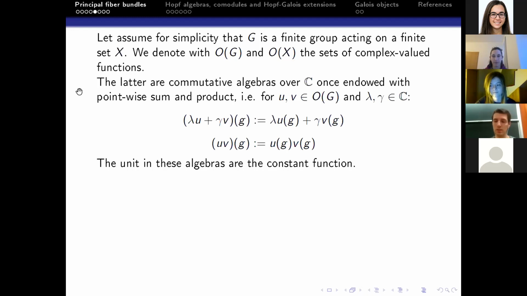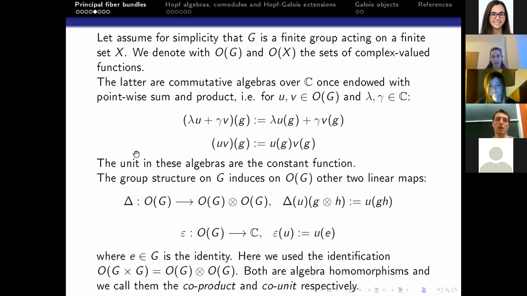And for G, since we have the group structure, we can define another two maps, namely the map that takes an element in O(G), so a function that takes a point in G and maps it into the complex numbers, into the tensor product in the following way.